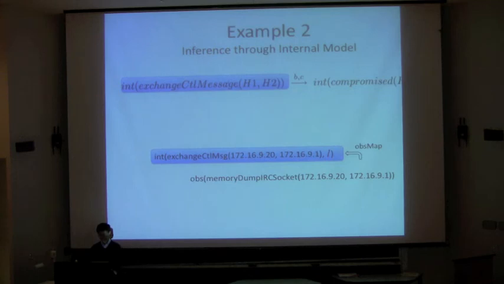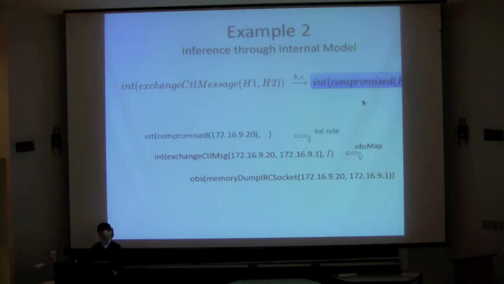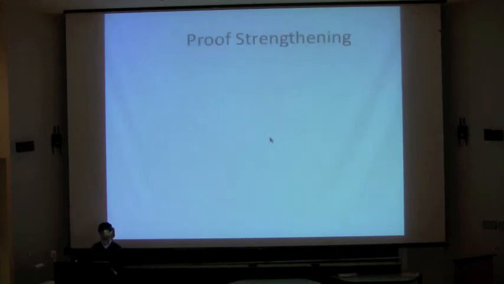Again, the left-hand side matches what you have at hand, so you can fire and get one new fact, compromise H1. You take the weakest link along the proof chain. You have a certain in the rule, but you also have a likely in the previous part of the derivation tree, so take the weaker one, which is likely. Now you know this machine has likely been compromised by an attacker. Not very high confidence, it's a moderate level of confidence.